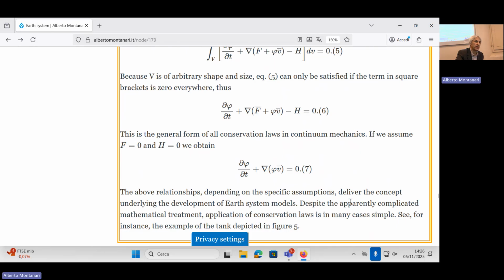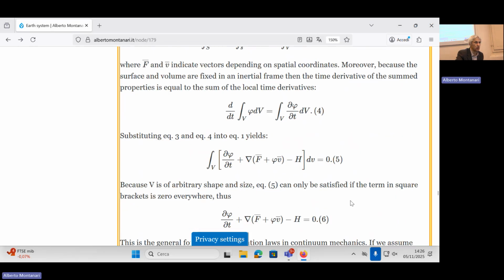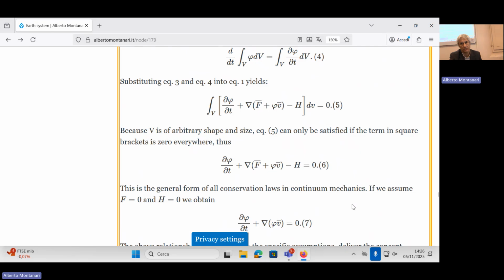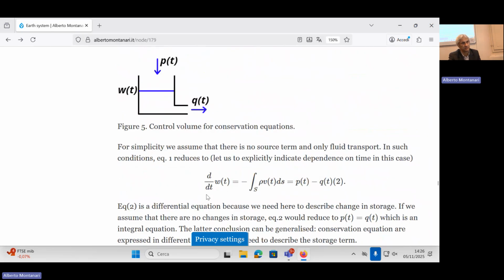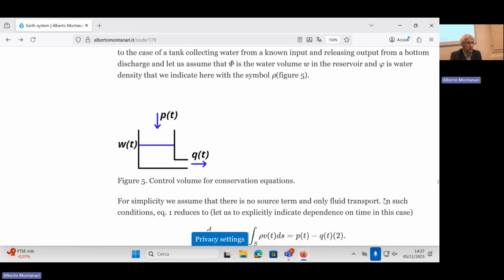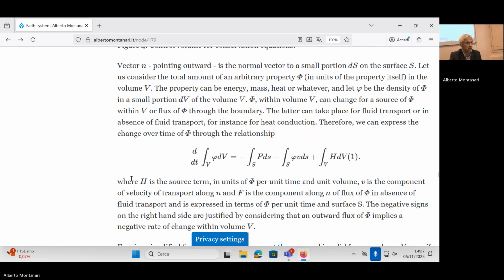This is the Reynolds transport theorem. What should you know about this theorem for the exam? Not everything that is depicted here. This is a mathematical proof that I will not ask at your exam. You should remember the assumptions, and if you can write the starting equation, equation 1, sorry, it's fine enough, okay?